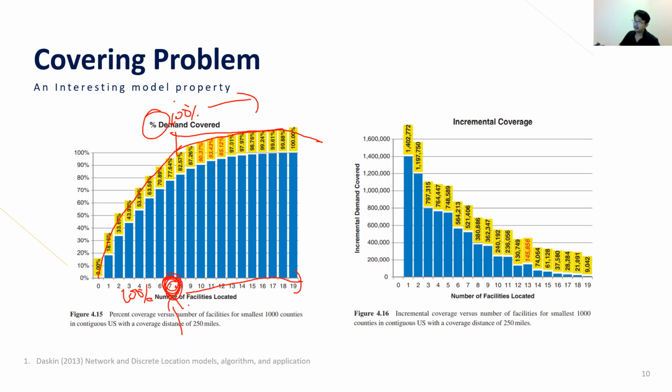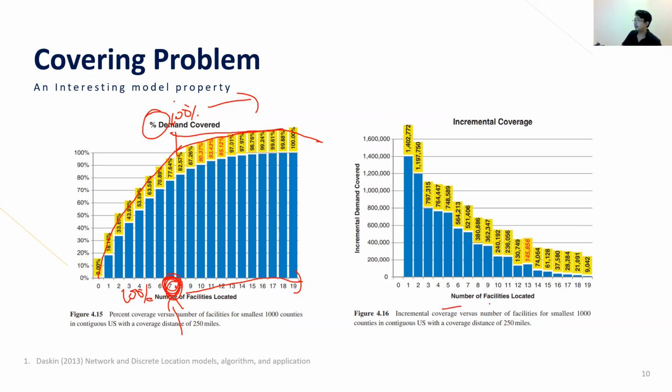So sometimes the experiment done in the analysis of this model is just to find the optimal number of facilities being allocated.